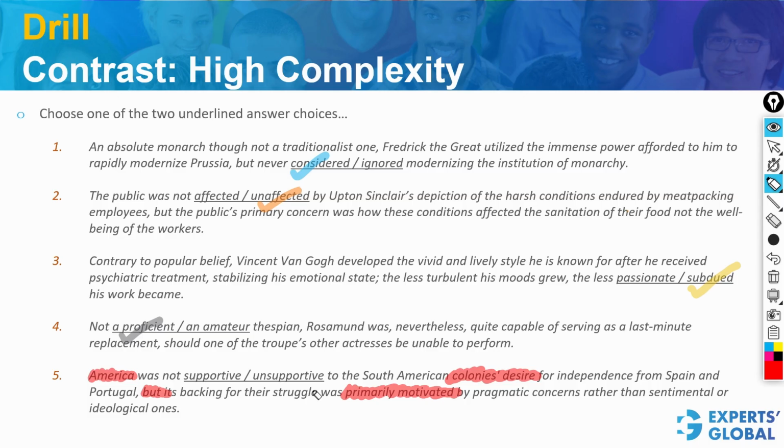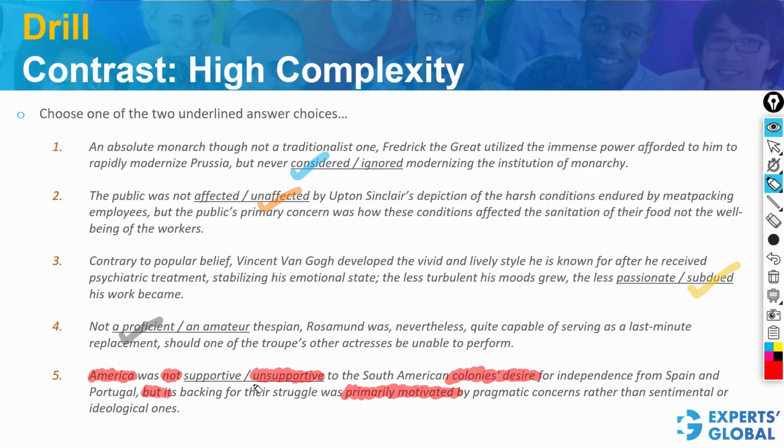So we want to say that America was supportive, but we have a not here, so we'll have to say not unsupportive. The meaning turns out that America was not unsupportive of the South American colonies' desire for independence from Spain and Portugal, but the primary motivation was something else.